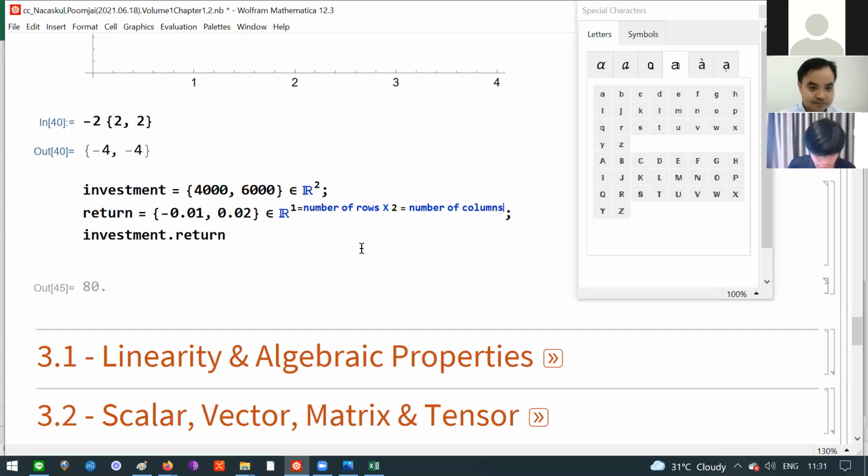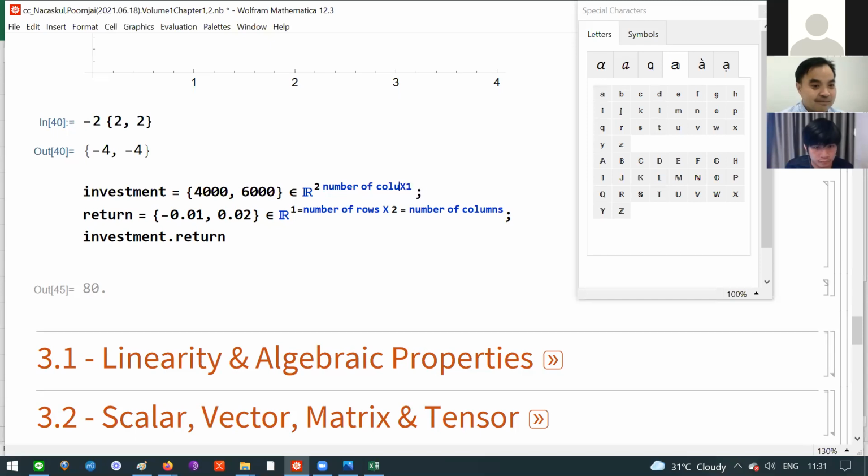So in this case, this 2 is the same thing as 2 by 1, the number of columns by... 1 is equal to the number of rows.